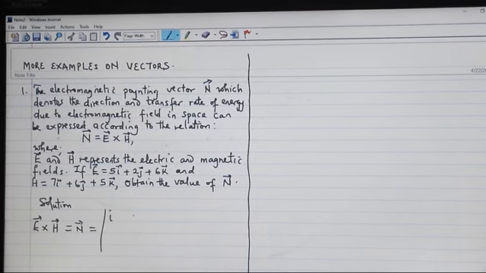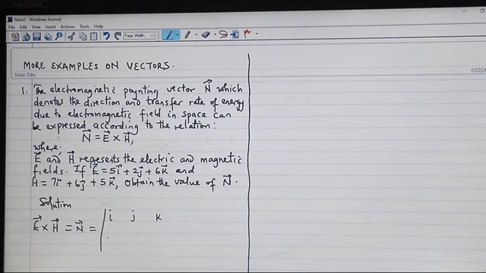This is i, j, and k, unit vectors along the x, y, and z axis. For E, the component along the x axis is 5, along j is 2, and along the z axis is 6. Then for H, the component along the x axis is 7, along the y axis is 6, and along the z axis is 5.